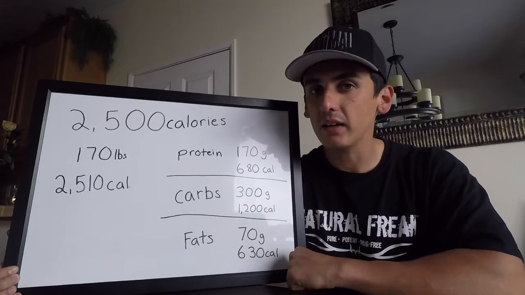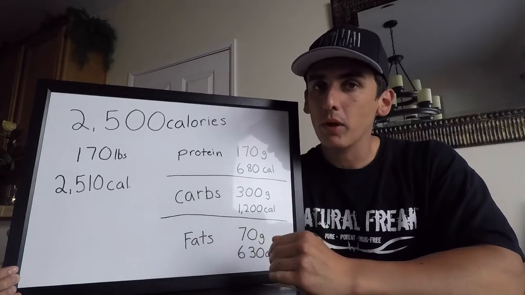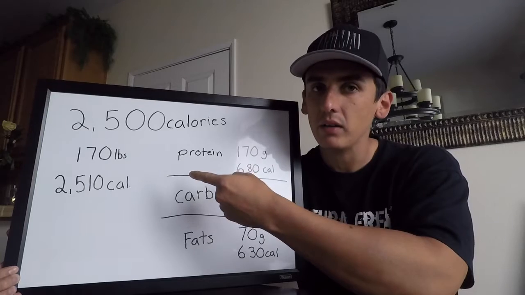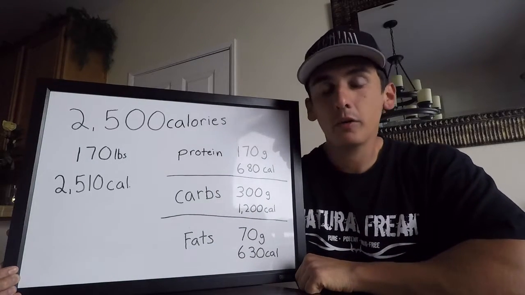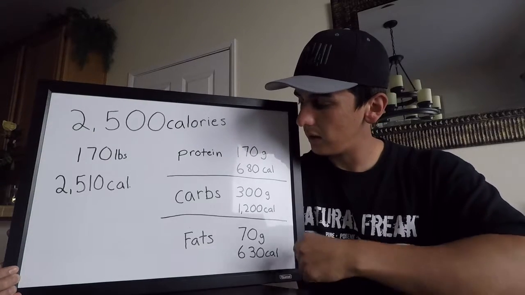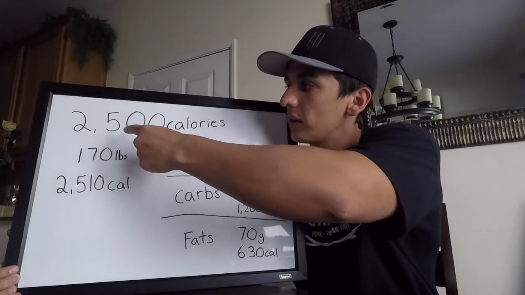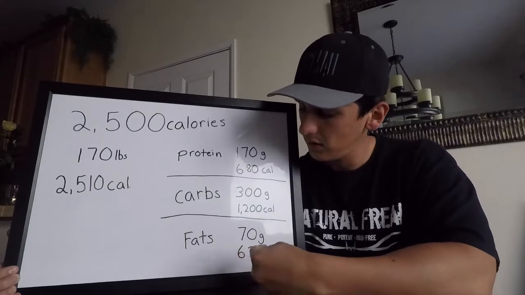If you're not that active, then your carbs are probably going to be lower, depending on your body weight and your activity level. Your carbs might be lower or you might be higher, but your calories should add up to 2,500 at the end. Now fats.